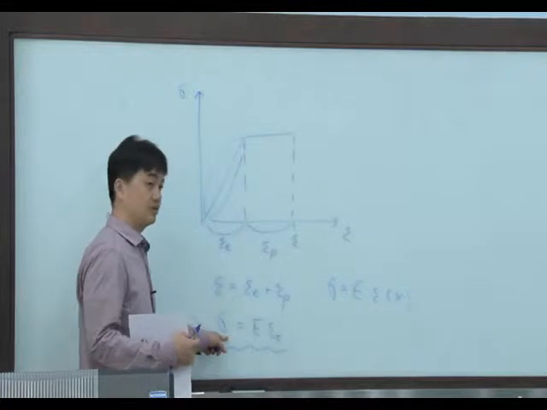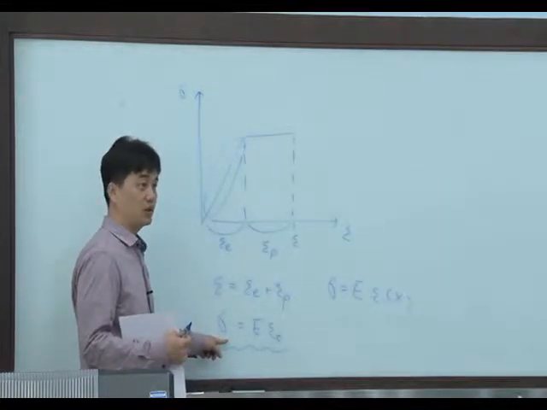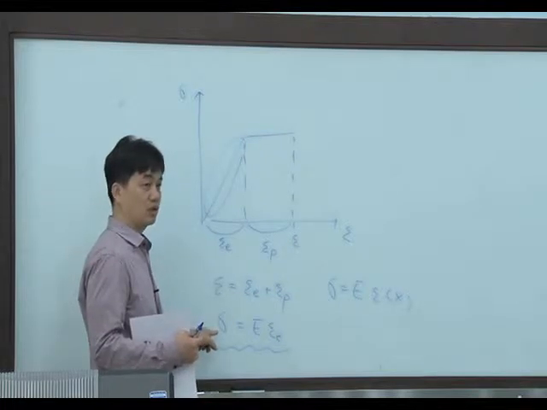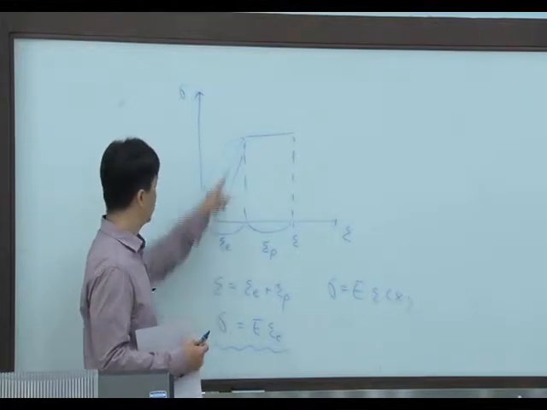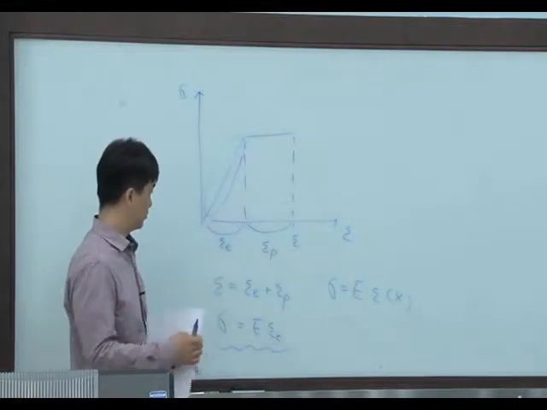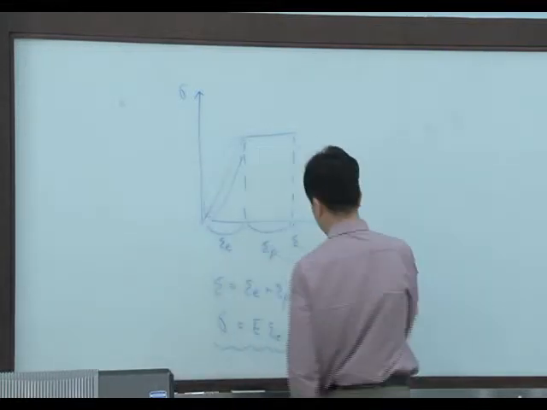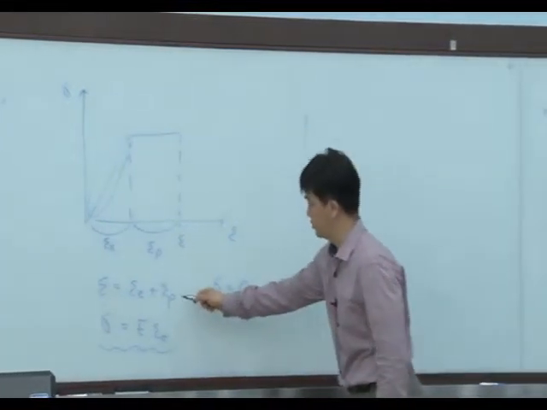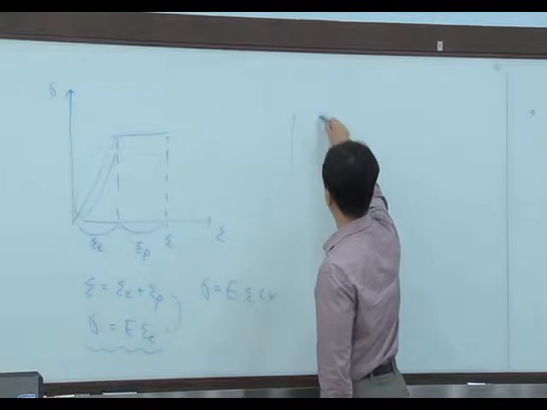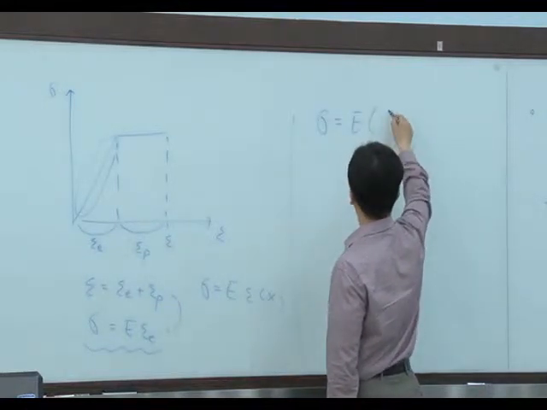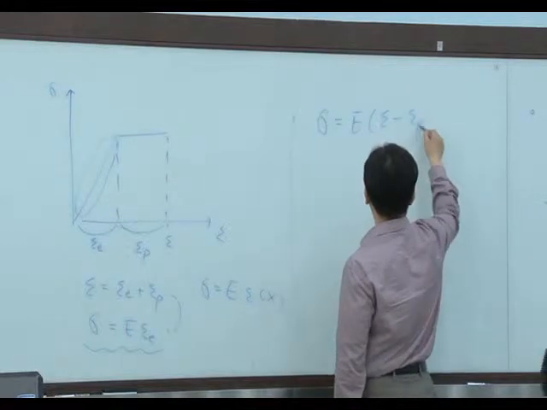This relation is only right for this part. Then if I put this equation in here, we can simply calculate the elastic strain as the total strain minus the plastic strain.